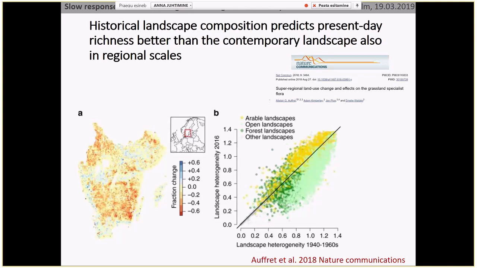The loss of grassland really drives the impacts on biodiversity and the landscape changes that we have been witnessing.